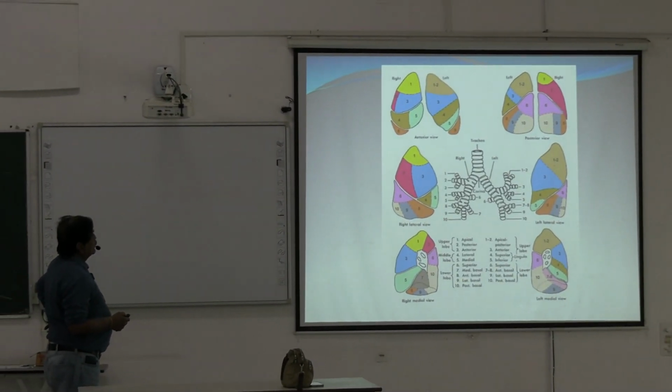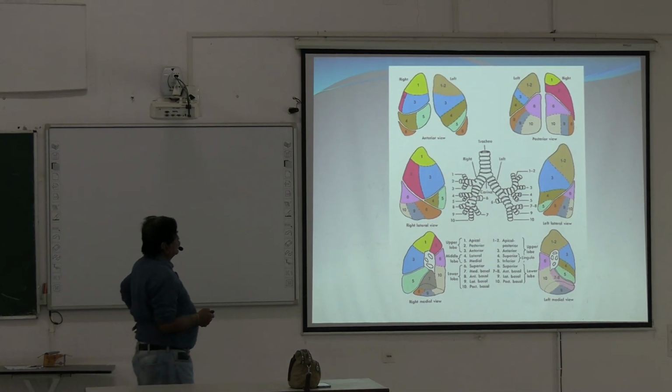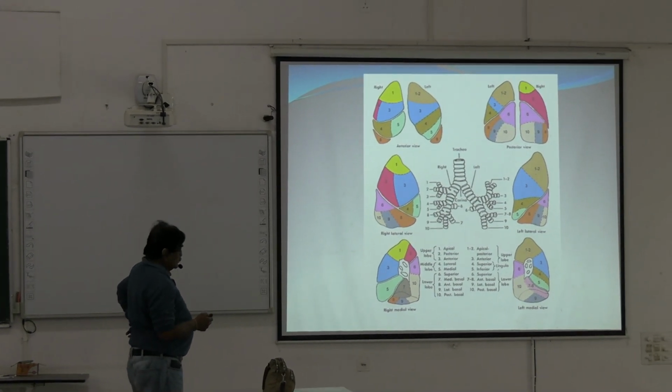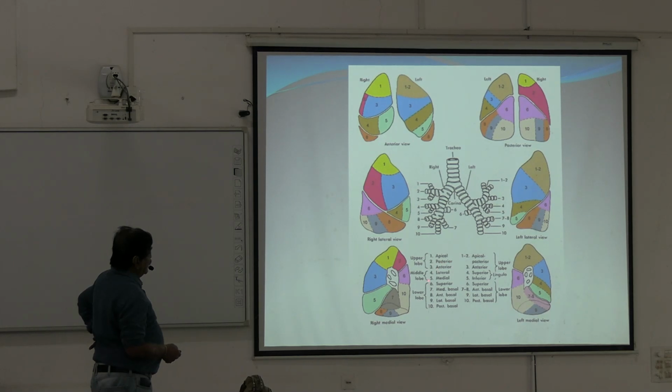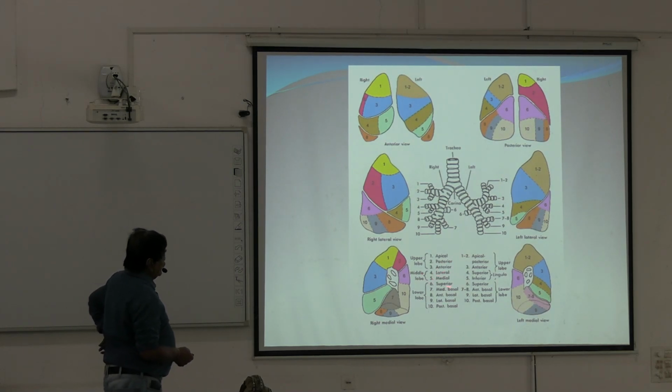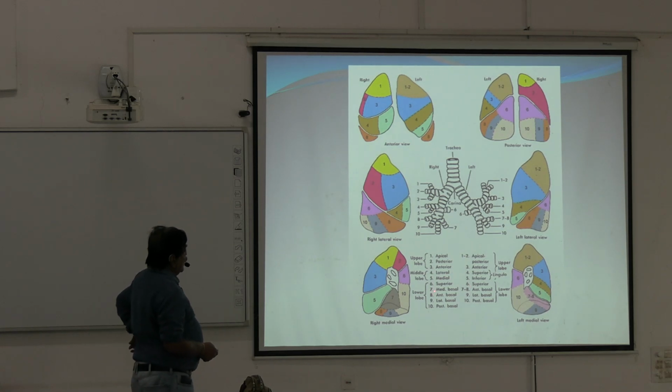Now these are the pictures of the bronchopulmonary segments. See the upper lobe: apical, posterior, anterior; middle lobe: lateral, medial; lower lobe, 5 segments: superior, medial basal, anterior basal, lateral basal and posterior basal.